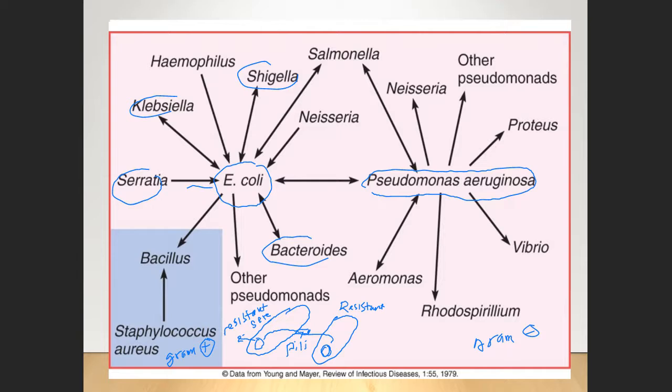For example, E. coli is able to transfer to Bacillus, or Staphylococcus aureus. This is gram positive to another gram positive bacteria. So this is a natural kind of process that some bacteria have the ability to transfer their resistant gene, sharing their resistant gene to another bacteria.